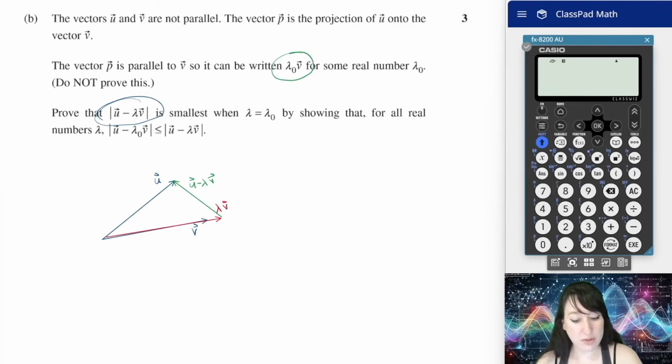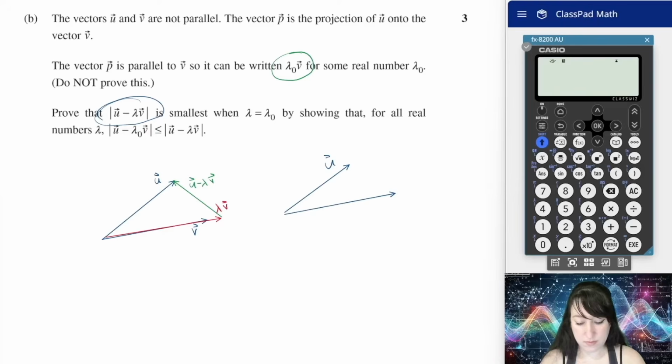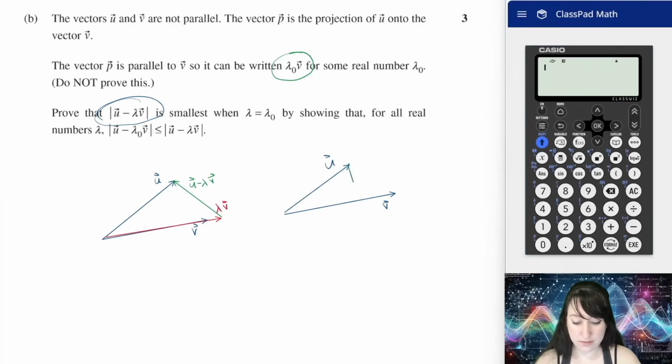So let's compare to the projection. So the projection of u on v is what you get when you take a line from the end of u perpendicularly to v and draw a vector parallel to v up to that point. So this is what we're calling lambda naught v.